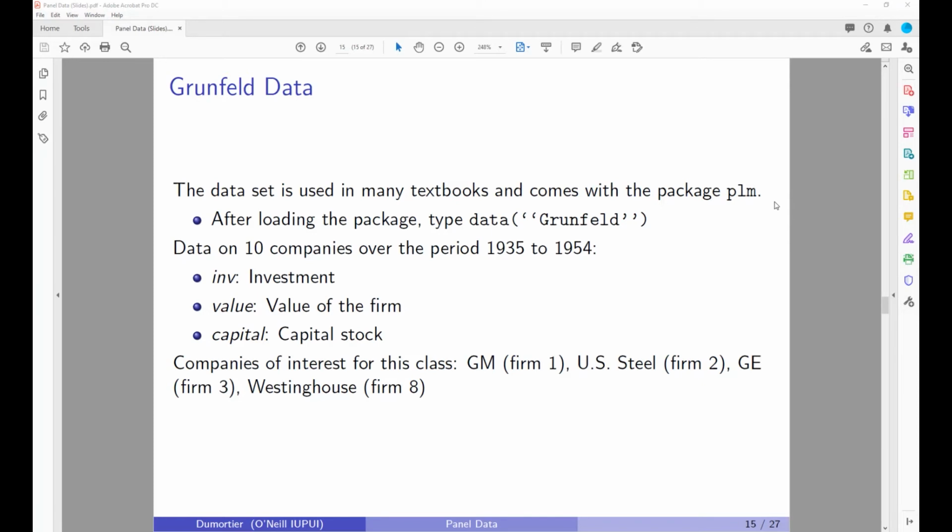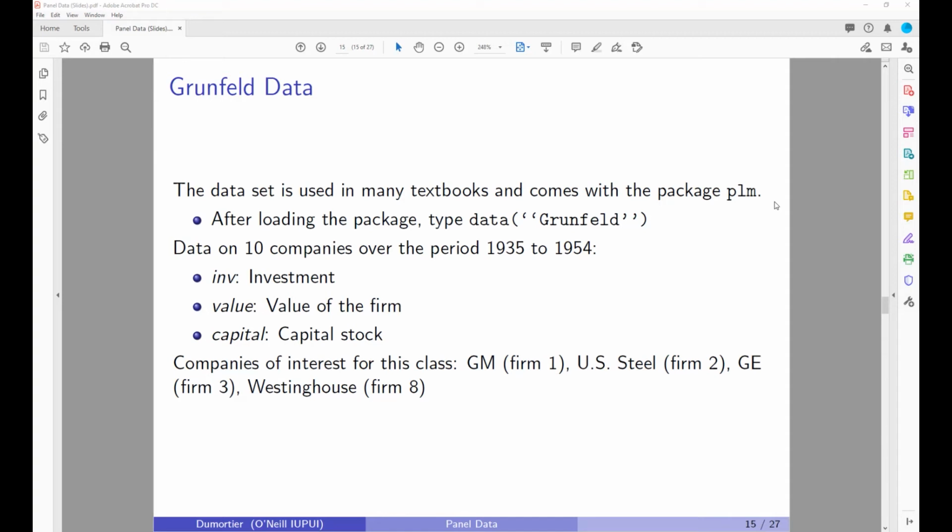Now, let us turn our attention to real panel data models. The data we are going to use for this example about panel data is called Grunfeld. Note that although this is a very old data set, it works very well to illustrate the theoretical and practical concepts of panel data.